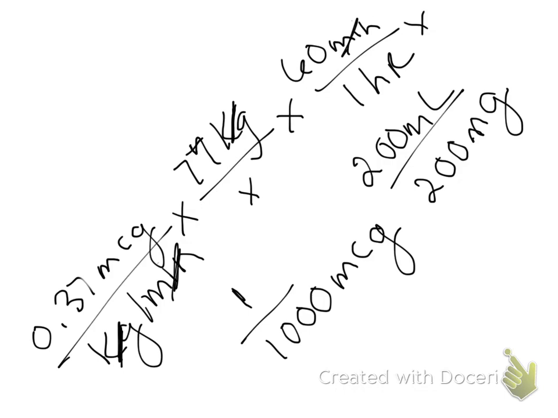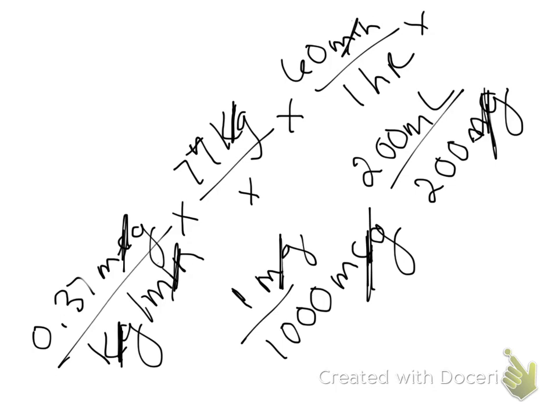Because I have my micrograms now, I can cross out, and then I can cross out my milligrams. See how I didn't put my 200 milligrams in the 200 mL normal saline yet, because I wanted to make sure I had all my conversions the correct way. So this is how it got set up.